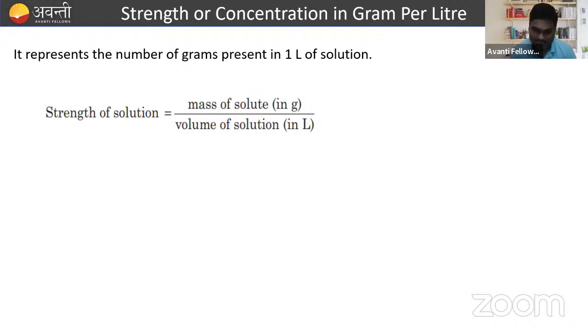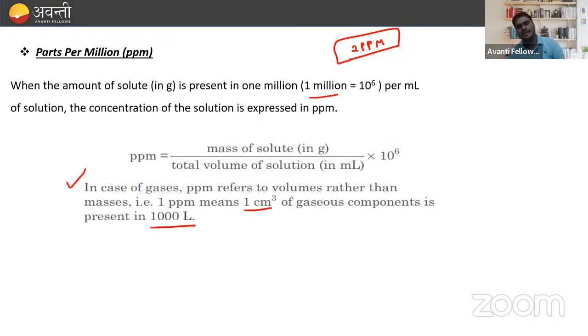Now, all these things, whether it is mass percentage or mole fraction, are temperature independent quantities. There is no effect of temperature on mass percentage or mole fraction, because mass is independent of temperature. Whereas in the coming concentration term, molarity, we are going to see that instead of mass we use volume.